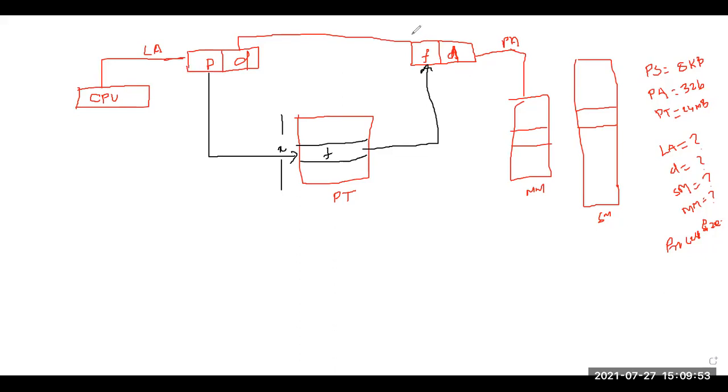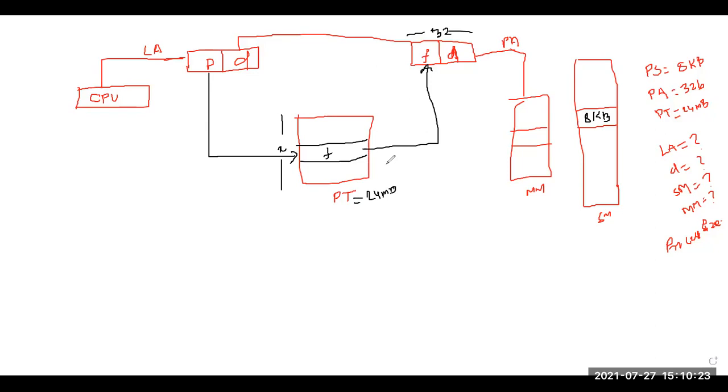Now what is given? The total number of bits is given here, which is 32 bit. Next, the page size is given, which is 8 KB. What else is given? The page table size is given, which is 24 MB.